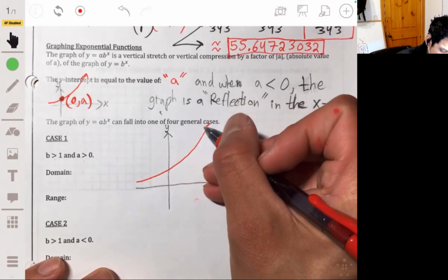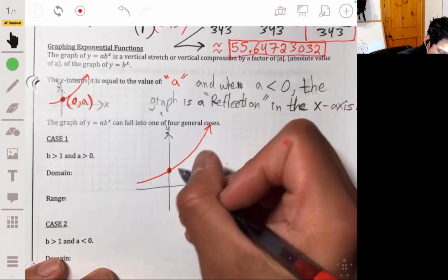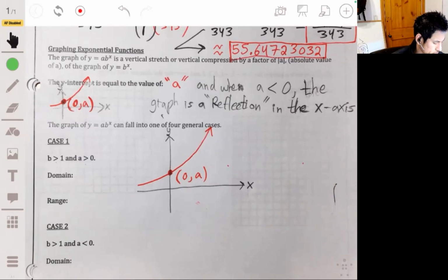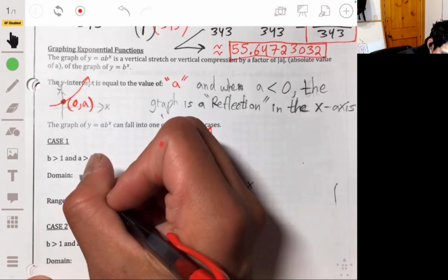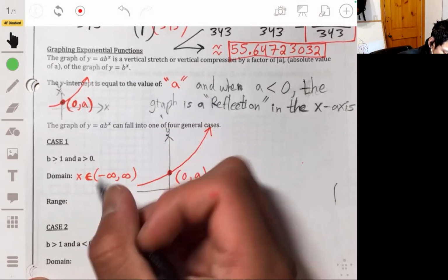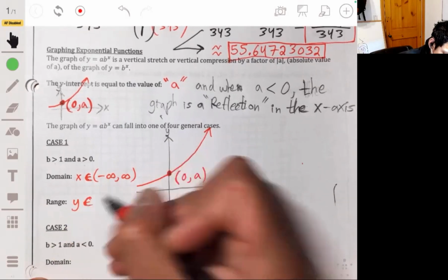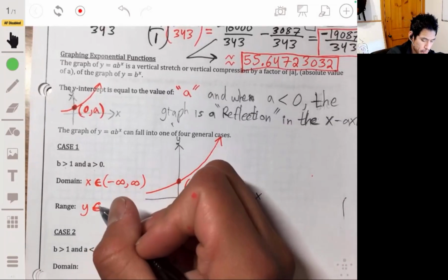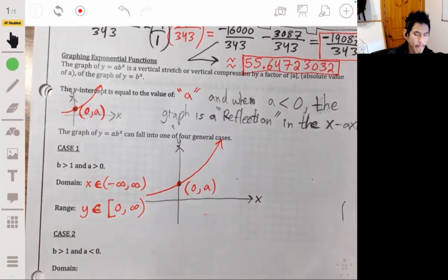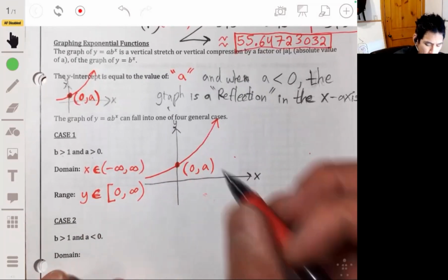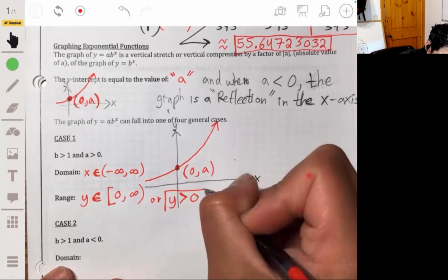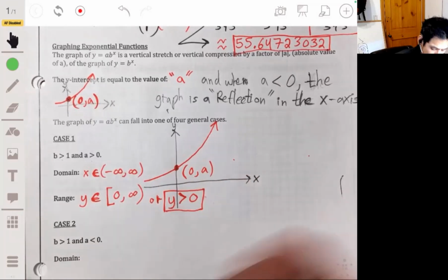It's going to be increasing, and it's going to have, again, an intercept at (0, a). The domain will be all the real numbers, so x going from negative infinity to positive infinity. And the range will be from 0 upward, so (0, infinity). I like using interval notation, but you could also write y is greater than 0. I usually write it in that way.